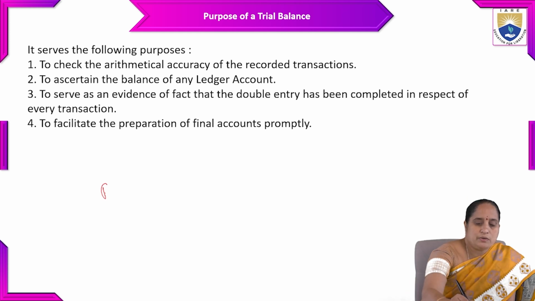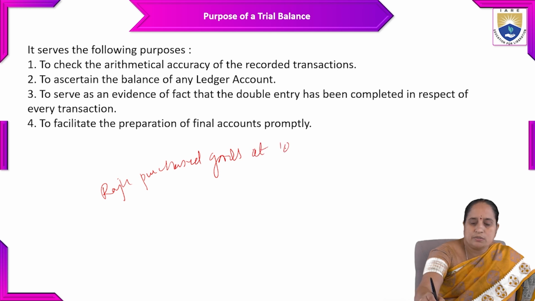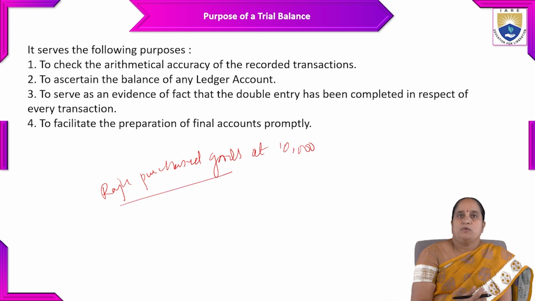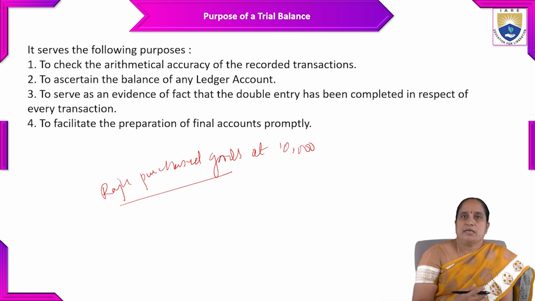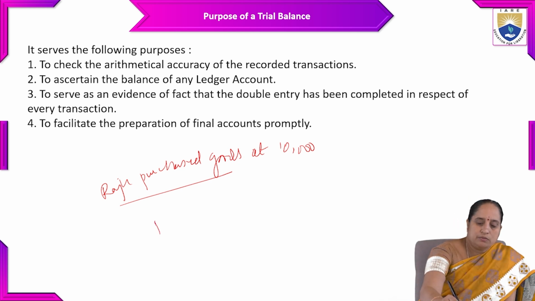For example, Raju purchased goods for 10,000 rupees. So it means Raju purchased some goods by cash. So here we are debiting the purchases account and crediting the Raju account.